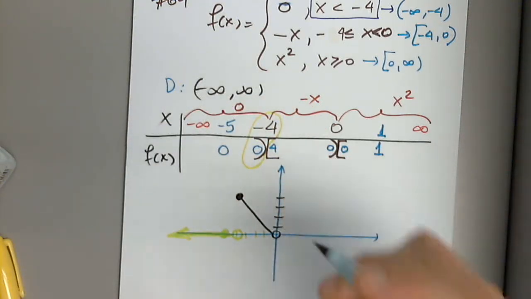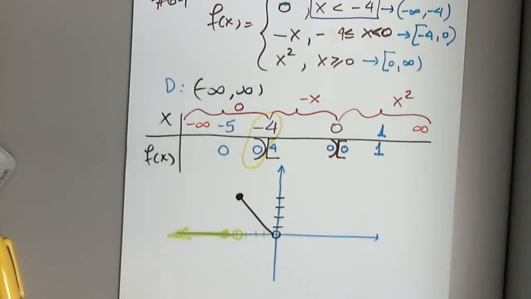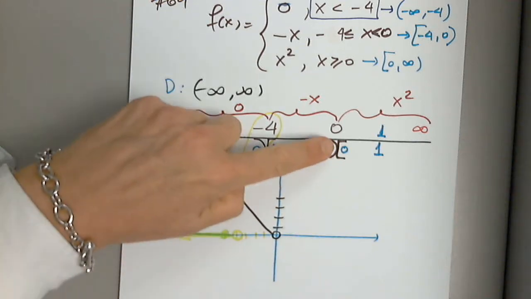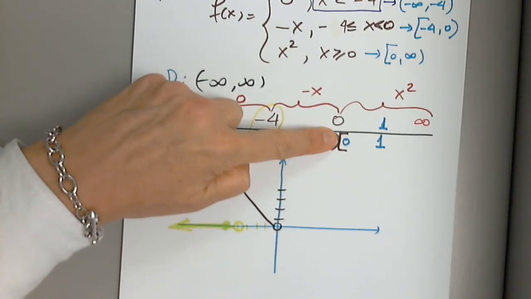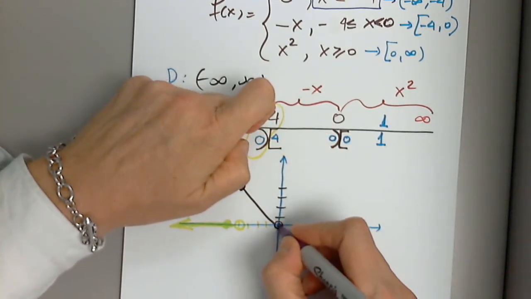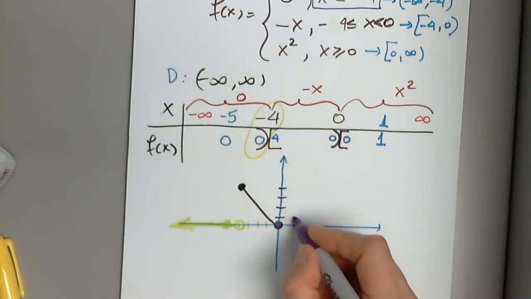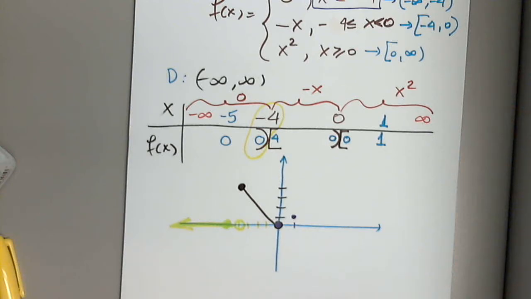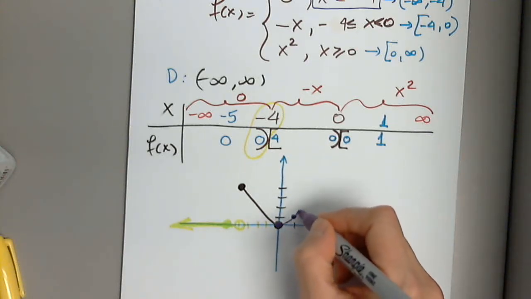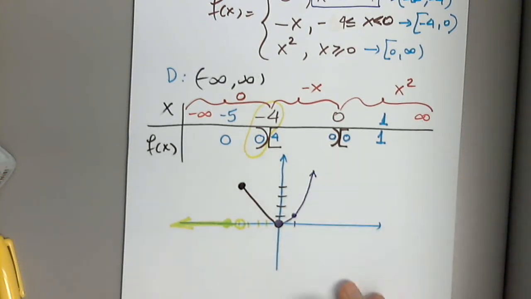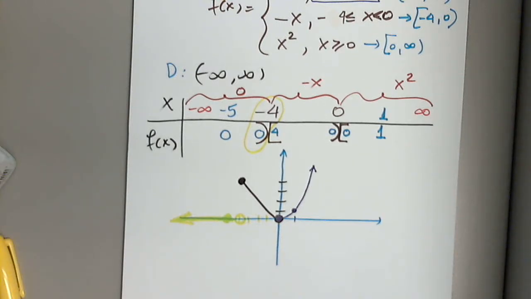And this is a straight line. Okay, the last branch. The next ordered pair. Good, so it's okay. I'm going to fill this in. And then 1, 1. This is quadratic, so this is x squared. It's not a straight line. This is the graph of the given piecewise defined function.